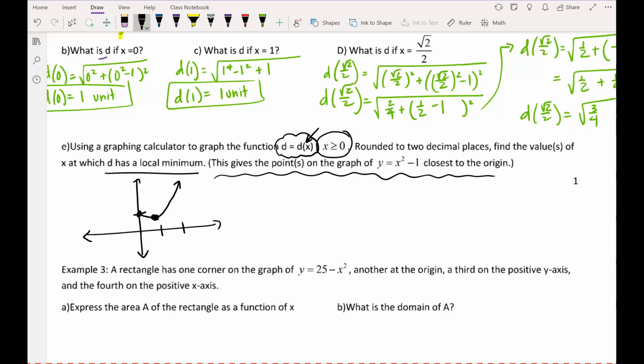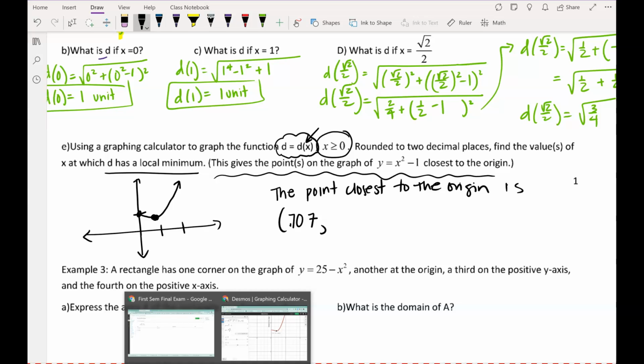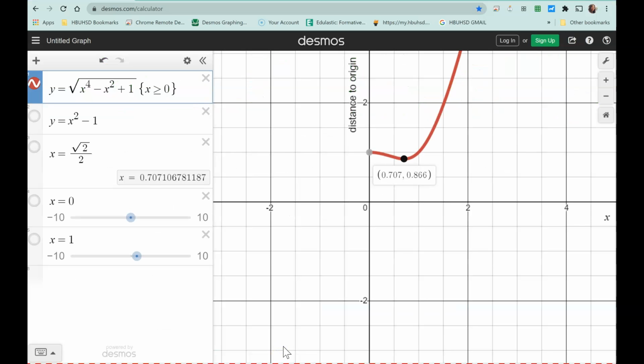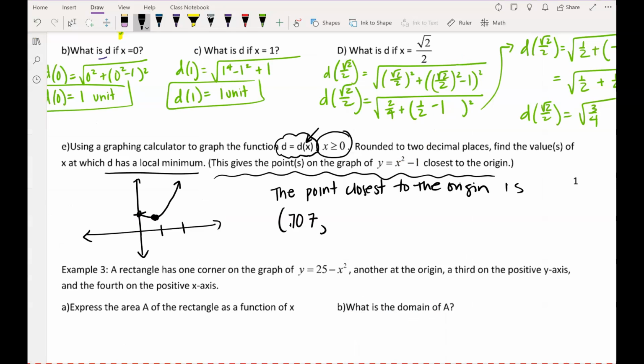So find the values: the point closest to the origin is 0.707, 0.866.